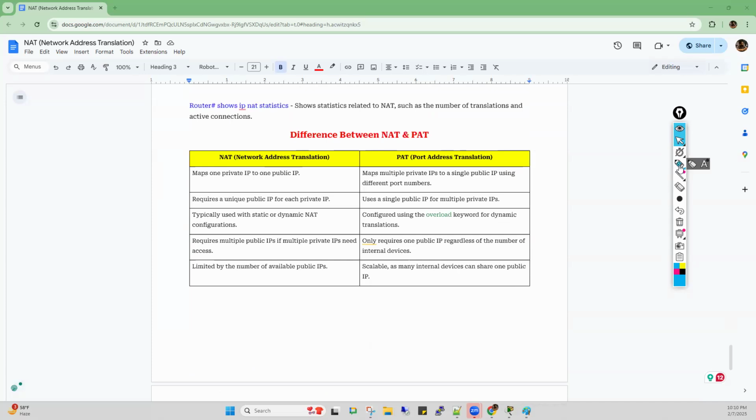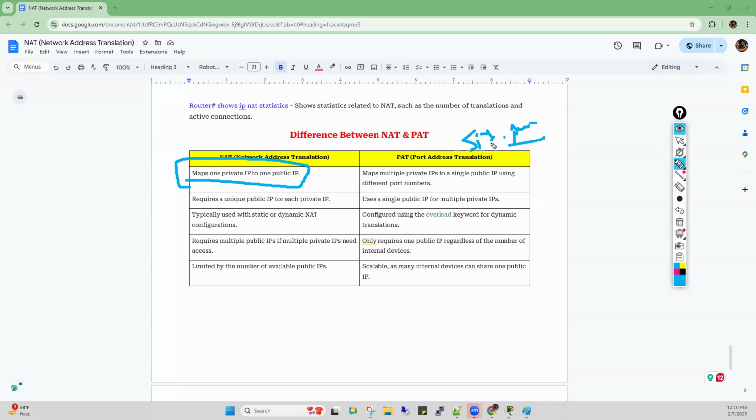Now, what is the difference between NAT and PAT? NAT maps one private IP address to one public IP address, right? Everyone? Yes? But in case of PAT, you need only one single IP address, and with that single IP address, different ports will be attached.